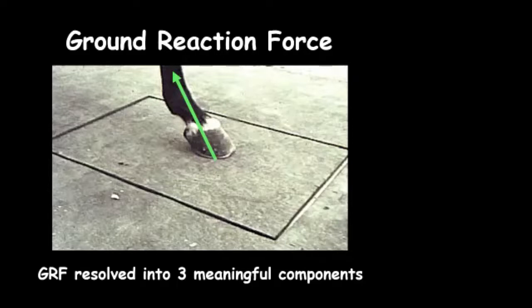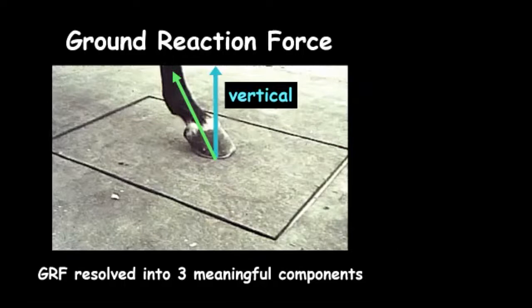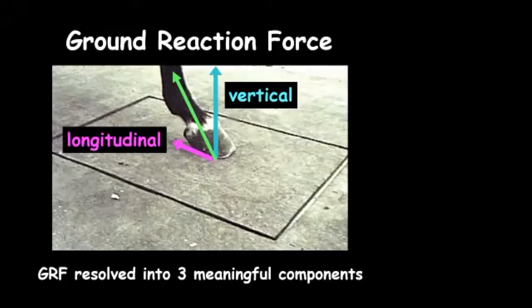Now, for purposes of analysis, we can take this ground reaction force vector and divide it into its component forces. And we choose to look at the vertical component, which is acting obviously vertically, and it acts to oppose the effects of gravity. And also this is the force that will project the horse into the air, for example, during jumping. Then we have a longitudinal force component that's acting from front to back along the horse's body.